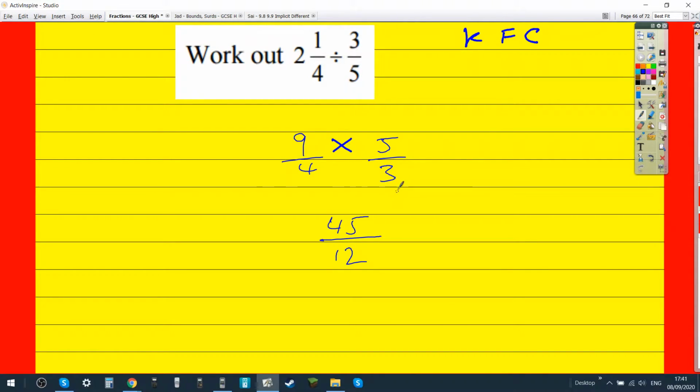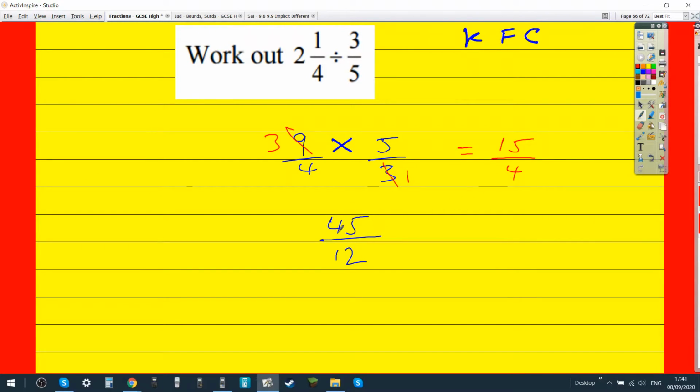No, I can't. And can this part be simplified? Yes. How can you simplify it? 9 would become 3 and 3 would become 1. Yeah. So then now it would be 15 over 4.